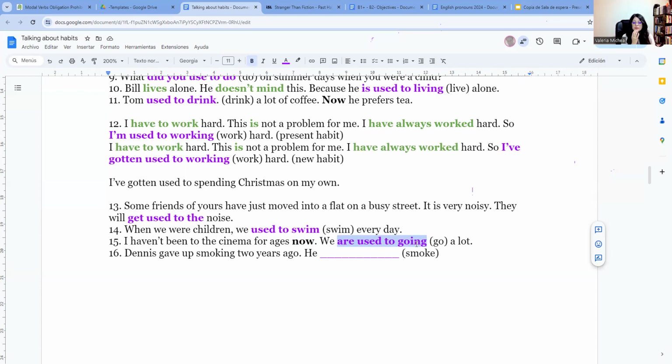I would say it's just "we used to go a lot." In the past, we used to go a lot, but now in the present, it's not my habit anymore. My habits have changed, because I haven't been to the cinema in a long time.